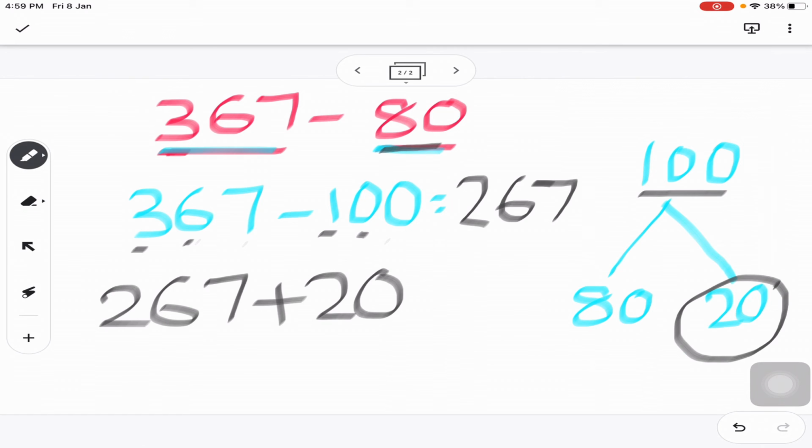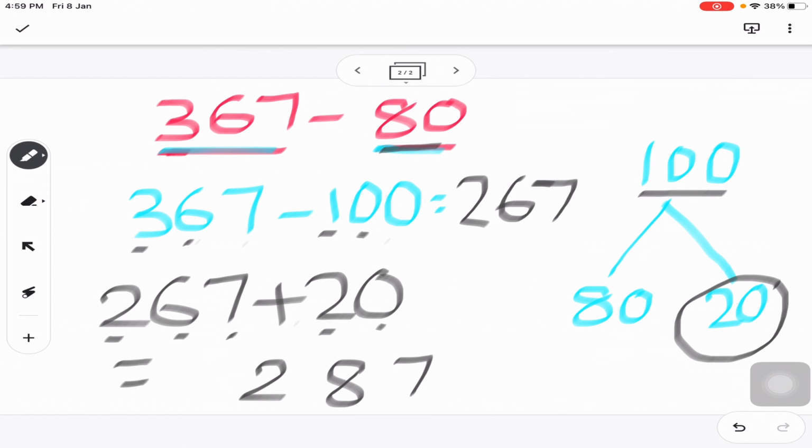So, what you end up with, 267 plus 20 is, add ones to ones. 7 plus 0 is 7. 6 tens to tens. 6 plus 2 is 8. And we don't have hundreds here, so consider it as 0. 2 plus 0 is 2.